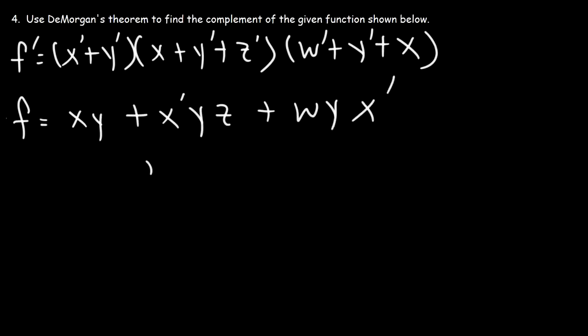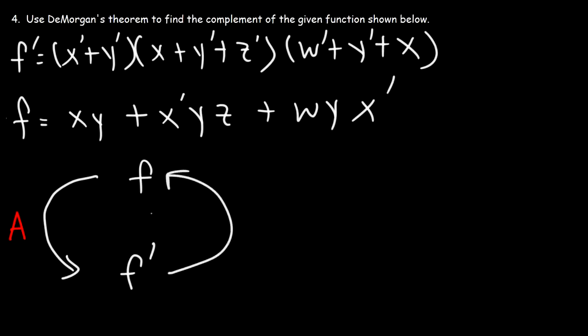Now there's two ways that we could do this. So going back to the last problem, we went from f to f prime. Let's call it path A. Now granted, we could take the same route back to f and get the answer. But we don't want to do that. Instead, let's take a different path. We'll call it path B to get back to our original expression.